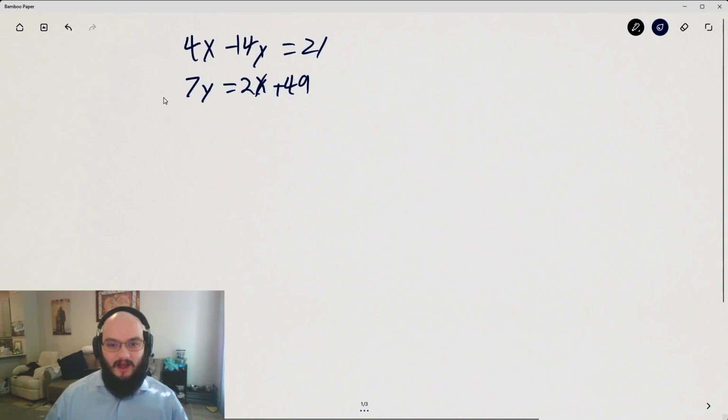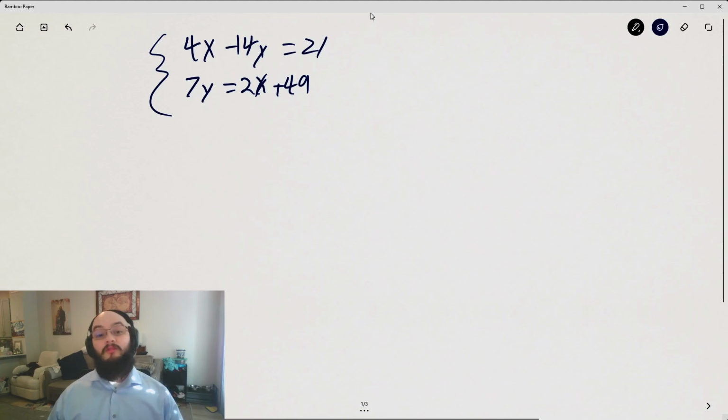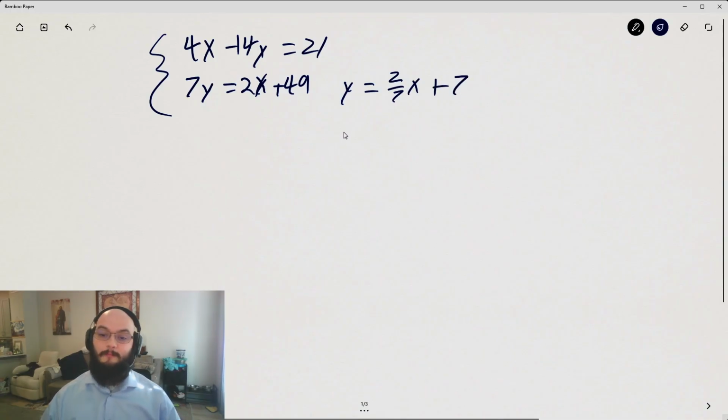Alright, so how can we solve this with substitution? Well, one thing that we could do is divide everything in this equation by 7 and isolate this y. So that would look like this. Y is equal to 2/7 x plus 49 divided by 7, which is 7.